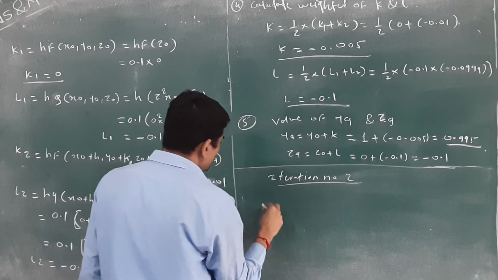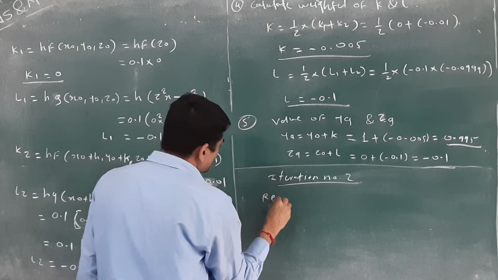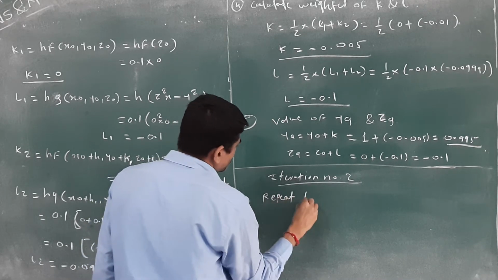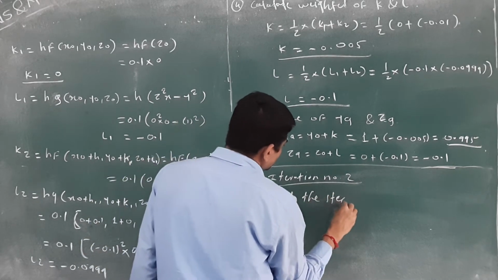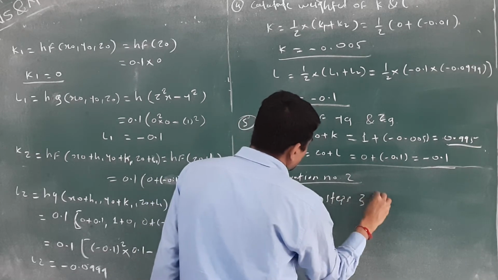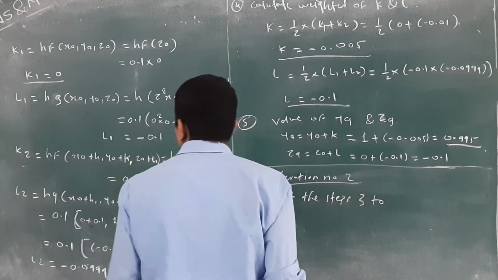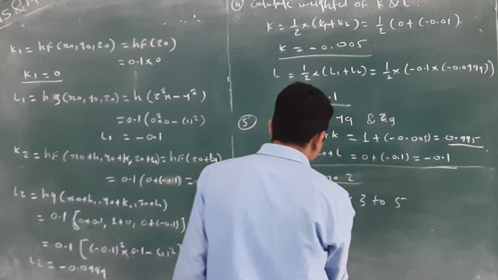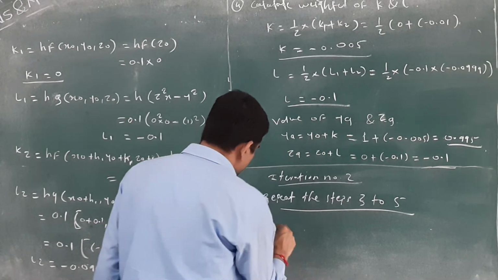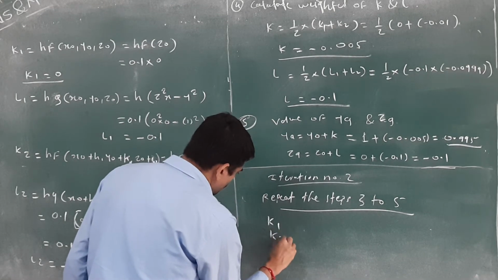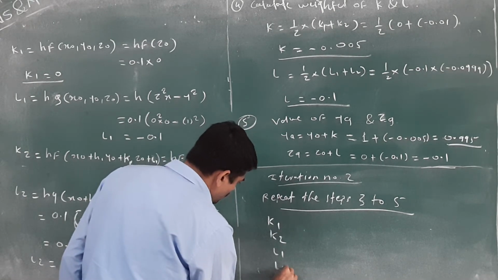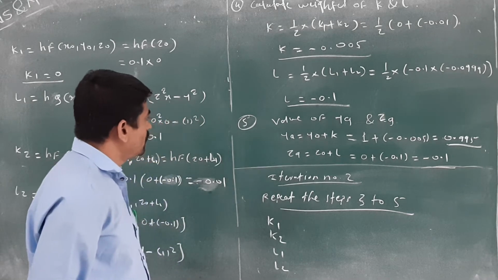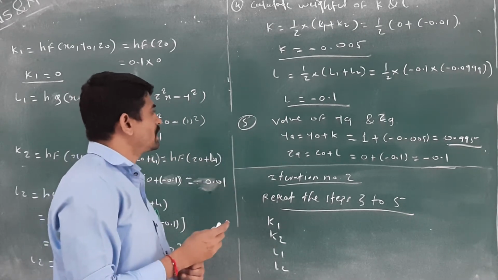In iteration number 2, you have to repeat steps 3 to 5. You have to first calculate the K1, K2, L1, L2 values. Here you will get the initial guesses.